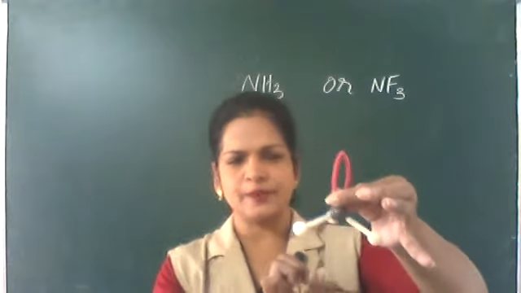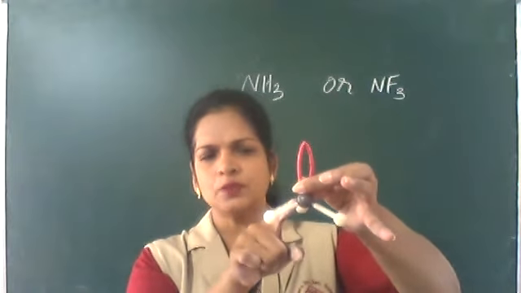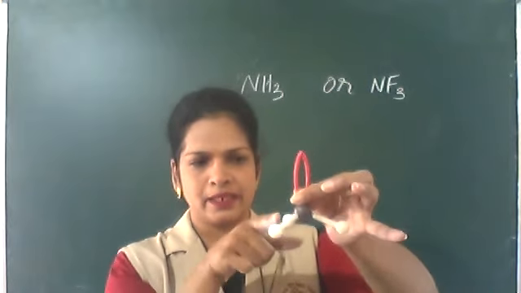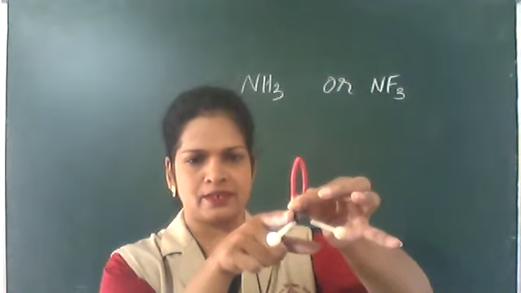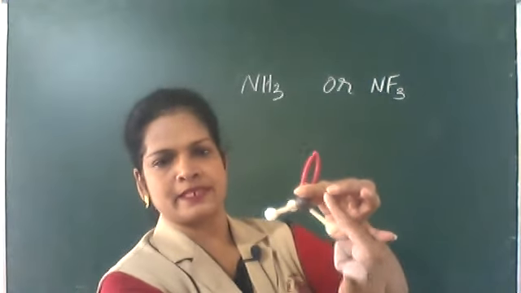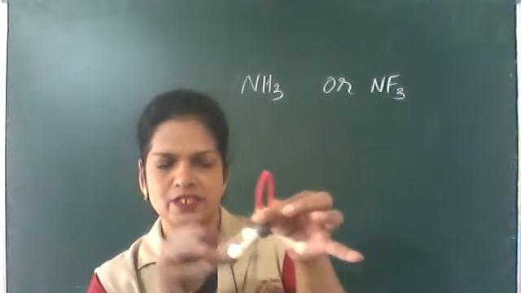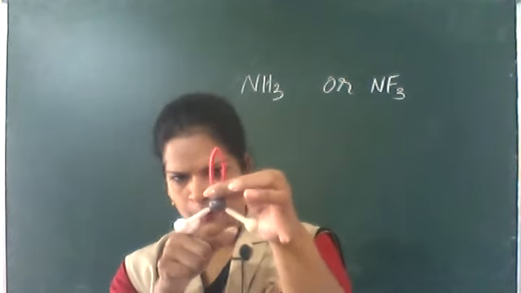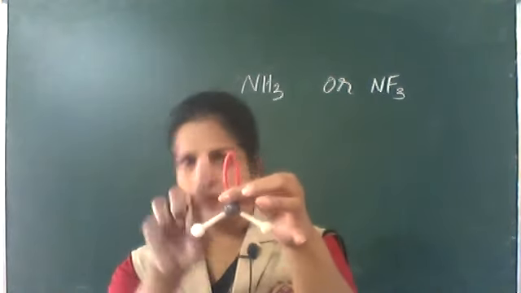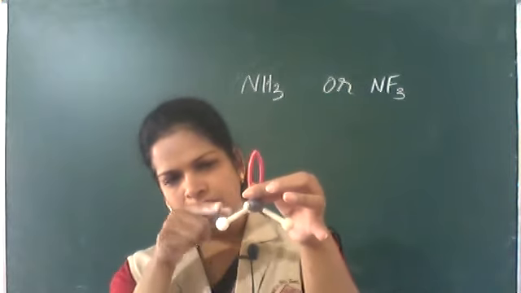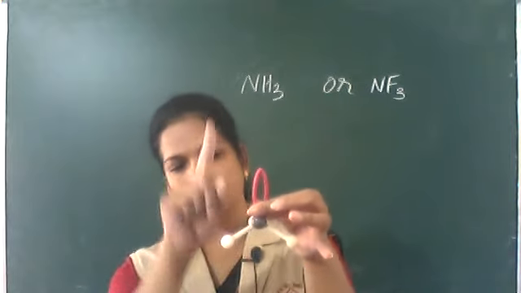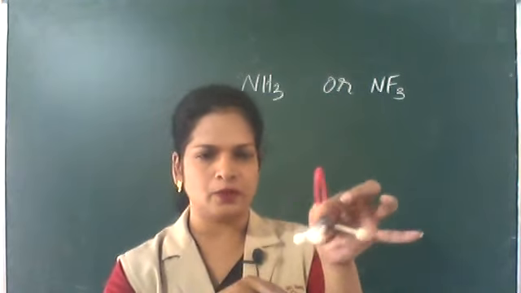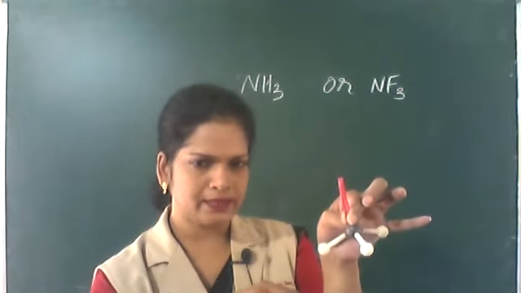Now look at this NH3. Nitrogen is more electronegative. So dipole moment is in this direction, and in this case, the dipole moment is in this direction, and in this case also. So all directions of dipole moments are towards nitrogen. So the resultant of these three bonds is up.